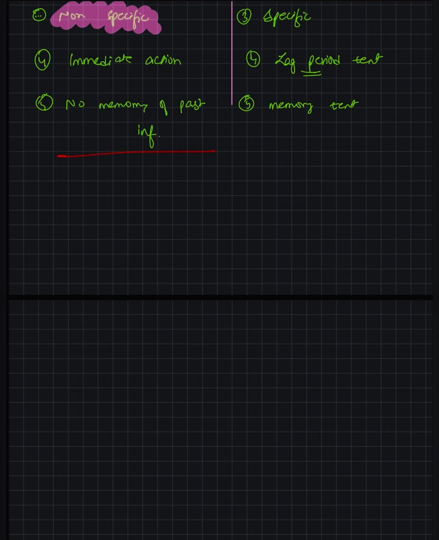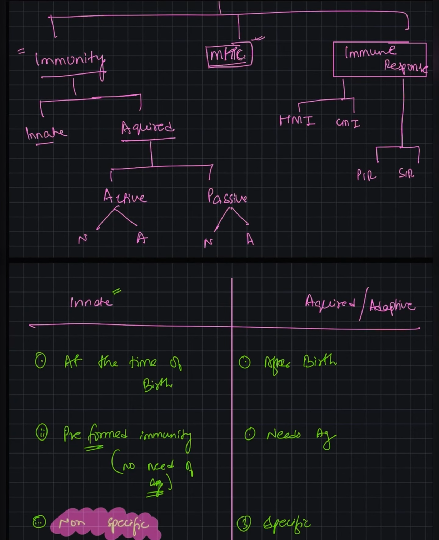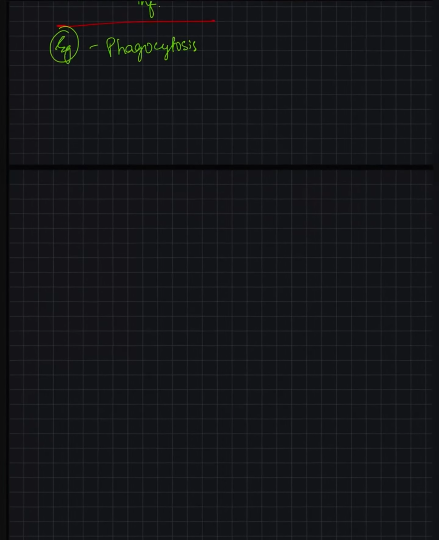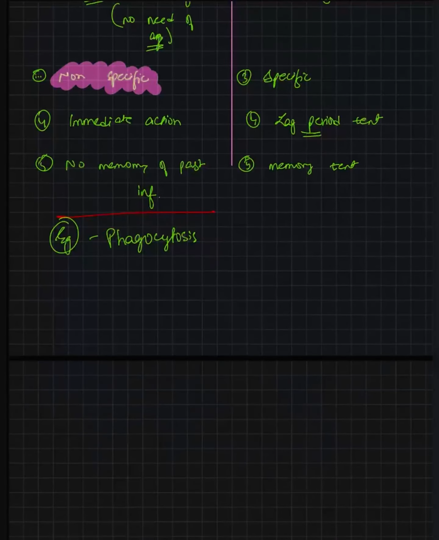Now, example of innate immunity, we can say it is phagocytosis. Now, since we have already discussed that acquired immunity is divided into active and passive, and each of these are categorized as natural and artificial, let us write it over here.